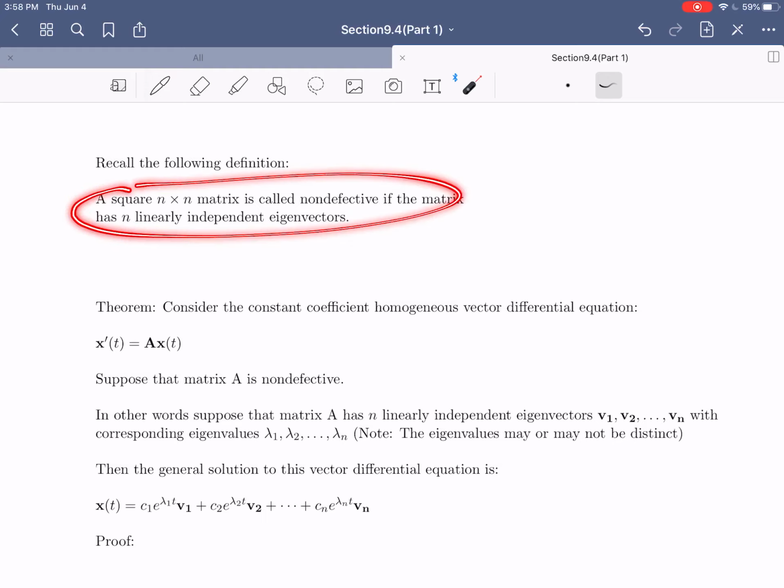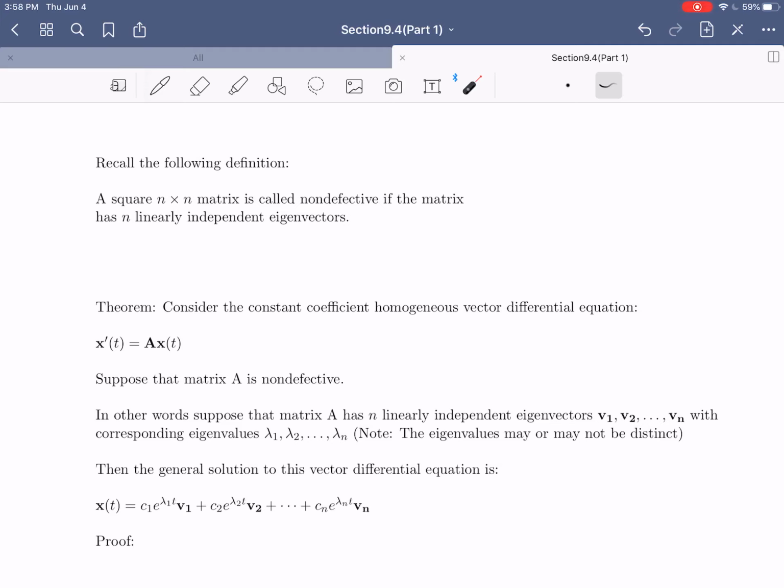Remember that a square n by n matrix is called non-defective if the matrix has n linearly independent eigenvectors. Some matrices are non-defective, some are defective. Right now, in this section 9.4, we're going to focus on ones that are non-defective, in other words, matrices that have n linearly independent eigenvectors.